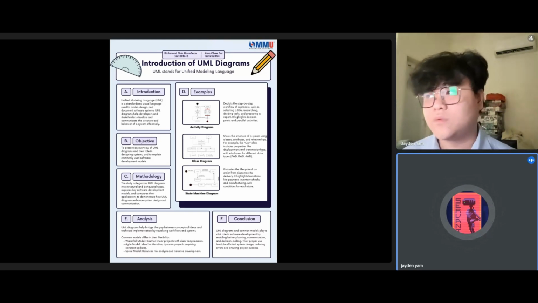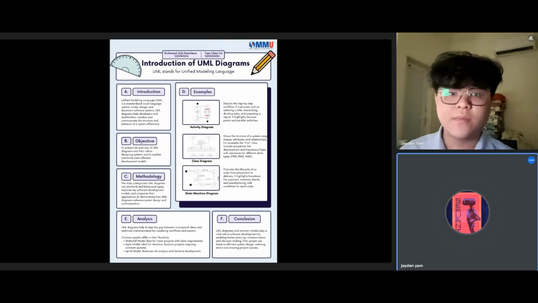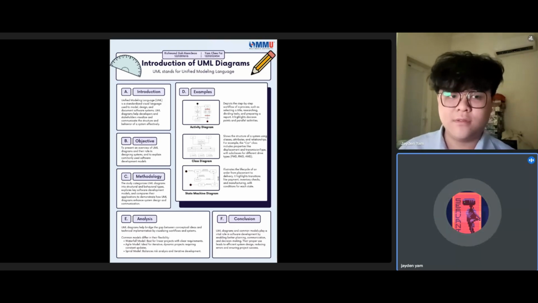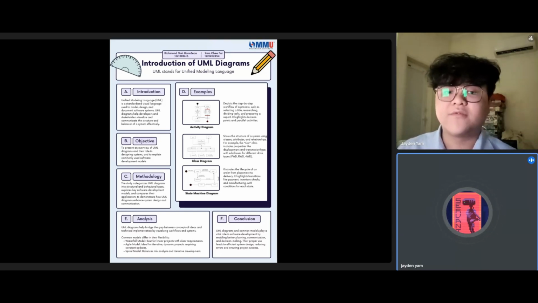The first example we have is the activity diagram. It shows the step-by-step workflow of a process. For example, imagine a task like writing a research paper. An activity diagram will illustrate steps such as selecting a title, researching the topic, dividing the task, and preparing the final report.